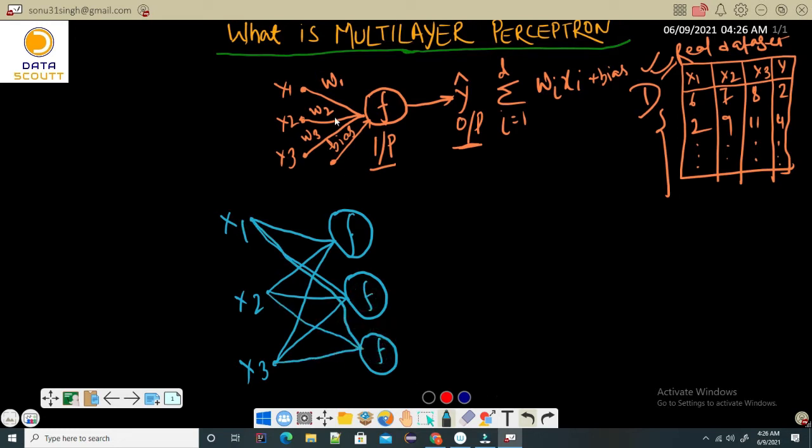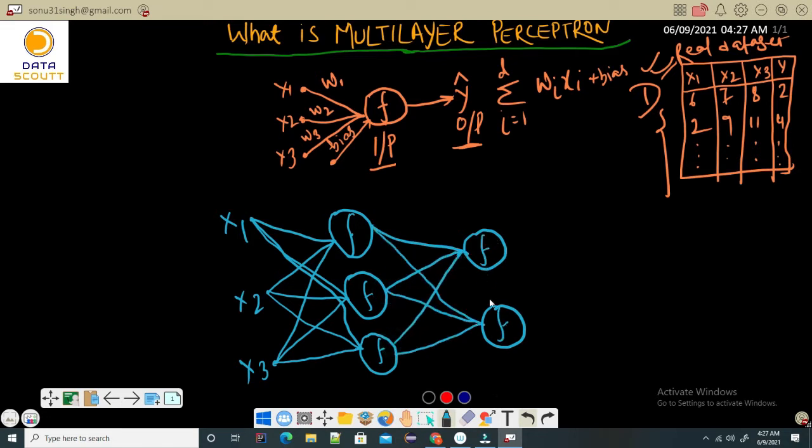Then the outputs of these three neurons get connected to these two neurons, which are again fully connected. The output of this layer goes to a final neuron, which has an activation function, and the output is y dash or y hat.